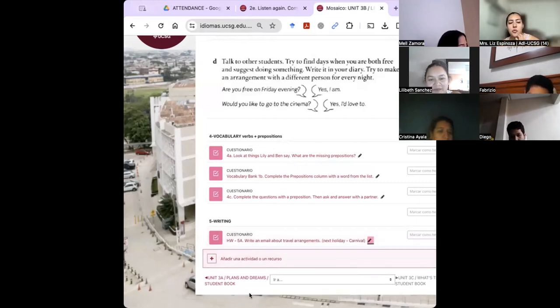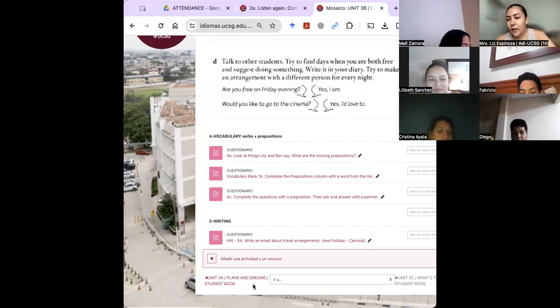So you're going to write an email to me, tell me about your travel arrangements, and you're going to invent. If it is a real plan, it's okay. But if you don't have any plan, due to the situation that we have in Ecuador, invent you are going to travel in Carnival, okay?